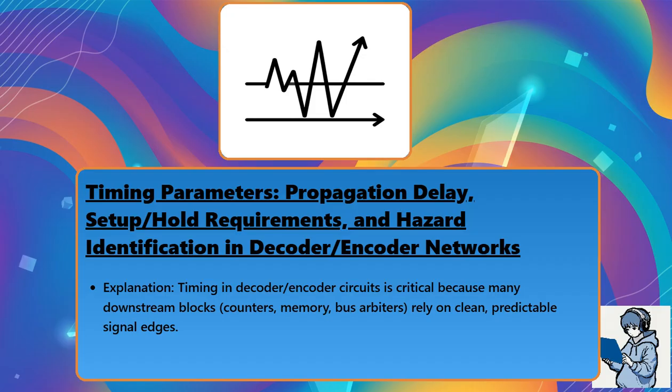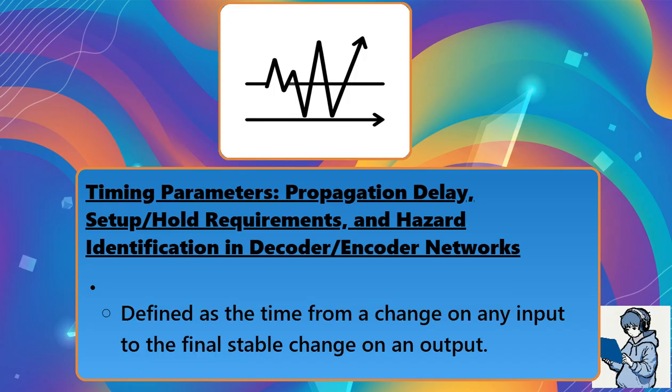Explanation: timing in decoder/encoder circuits is critical because many downstream blocks, counters, memory, bus arbiters rely on clean, predictable signal edges. Propagation delay t sub p is defined as the time from a change on any input to the final stable change on an output.